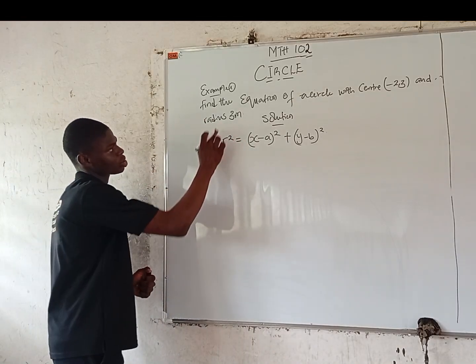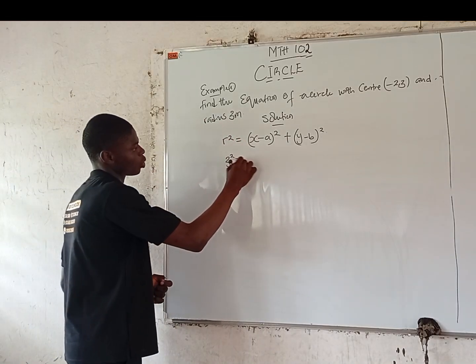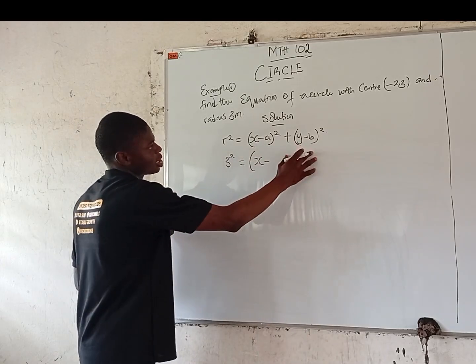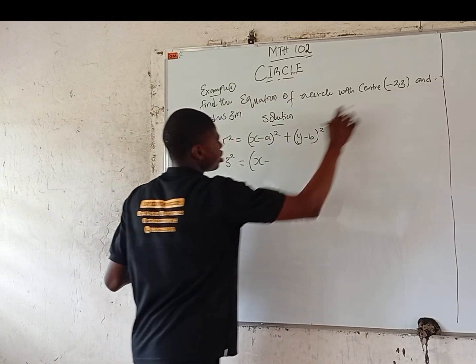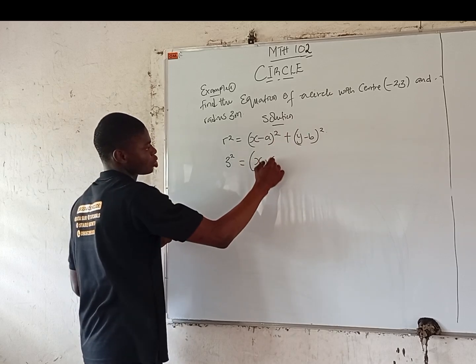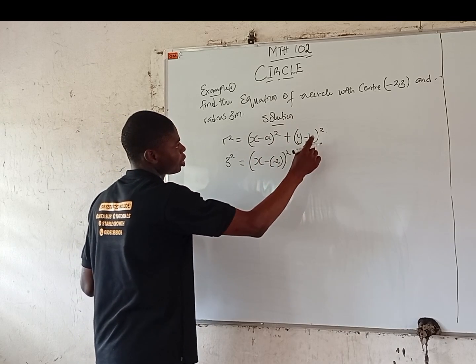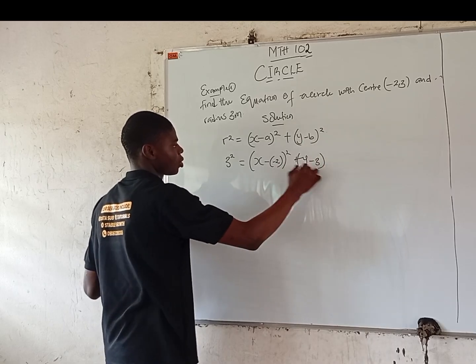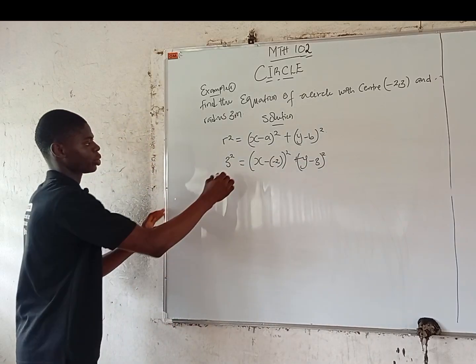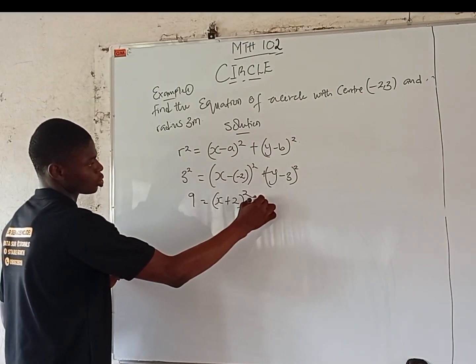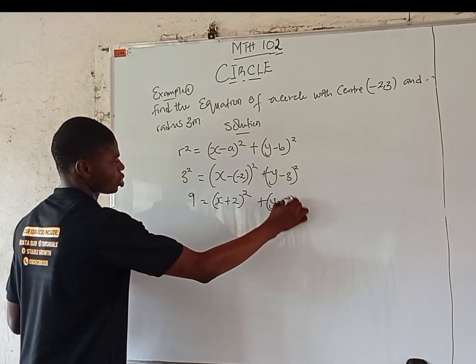Our radius is 3 meters, so we're simply doing a direct substitution. 3 squared equals x minus a, where a and b represent the center. So our a here is minus 2, squared, plus y minus our b here, which is 3, all squared. So quickly, we have 9 equals x plus 2 squared plus y minus 3 squared.